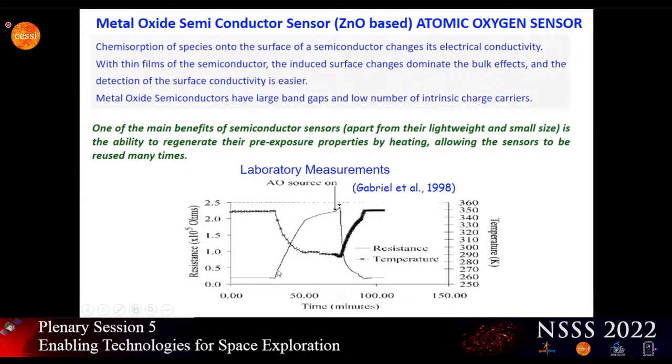So when you are switching on the temperature, of course, you have the resistance changes. And the moment your atomic oxygen source is on, there is a significant change in the resistance. And this is the property that is going to be used.